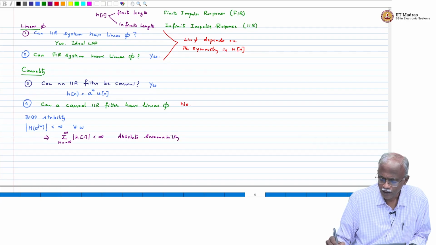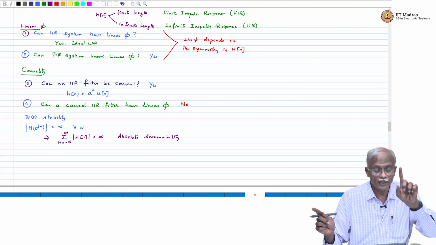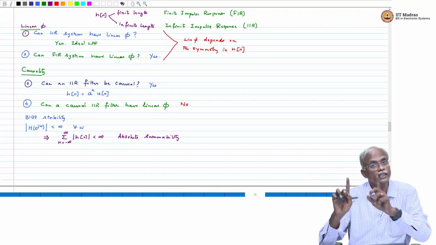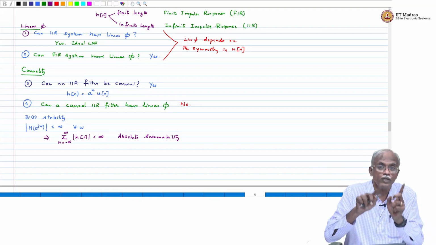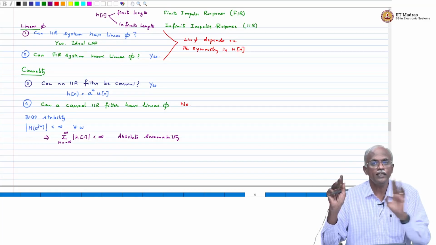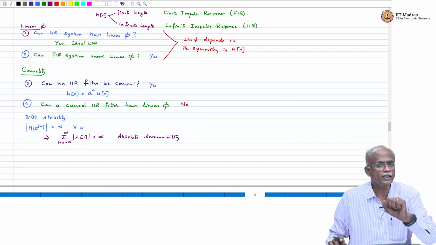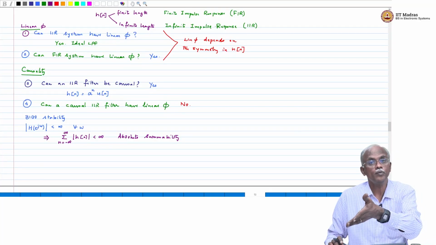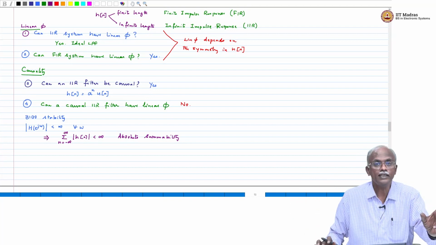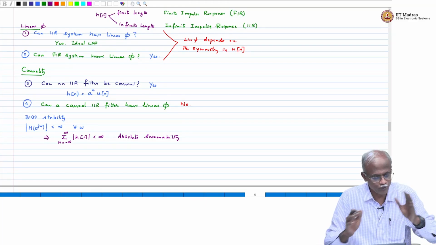Now, when we studied the Z transform, we related the absolute summability condition to the existence of the DTFT, and we also related it to the condition on the Z transform including the unit circle in its ROC. So if I ask you how do I satisfy BIBO stability, you look at the Z transform. If the Z transform has an ROC which includes the unit circle, you can confidently say that this LTI system will be BIBO stable, and its impulse response will be absolutely summable.